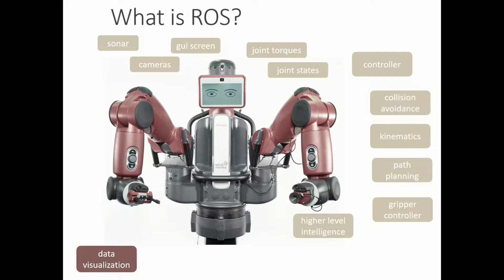So data visualization is very important. We want to be able to simulate many things in robotics because it allows us to run things quicker. If they break, there's no damage to the physical robot. We can test different algorithms and get to see what they do much more easily than with the real robot.